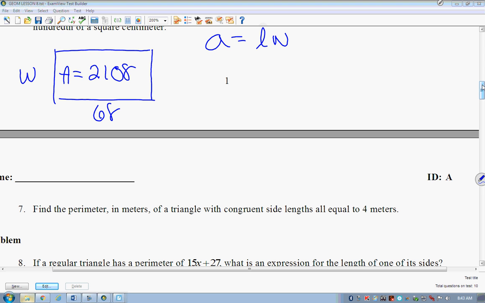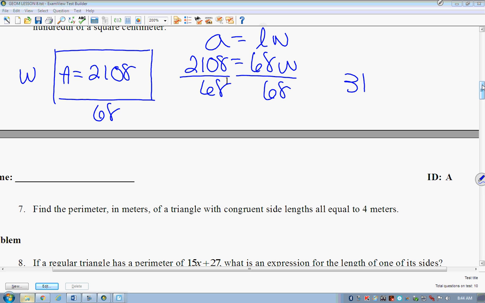What am I putting in for A? Am I putting in anything for length? 68. And am I putting anything in for width? And I want to solve for W. How do I solve for W, Jose? Divide by 68. What's 2,108 divided by 68? 31. 31 feet is our width.